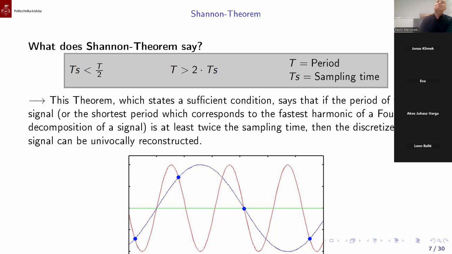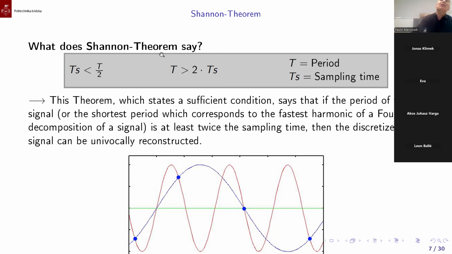Let me now explain a little bit in the practical form this theorem, which I don't have time to demonstrate, but I would like to show you some possible problems. I will show you not only the problem of the Shannon theorem, also another aspect related to T. Here is extremely important because T is a parameter which must be known or must be optimized.